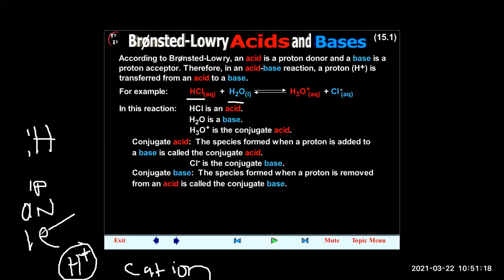A proton is a positively charged hydrogen, because the only properties hydrogen has are 1 proton and 1 electron, and if the electron is given out, the only thing it has is the proton. So a positively charged hydrogen is called a proton. A proton is the same thing as hydrogen plus, that is, the hydrogen ion.